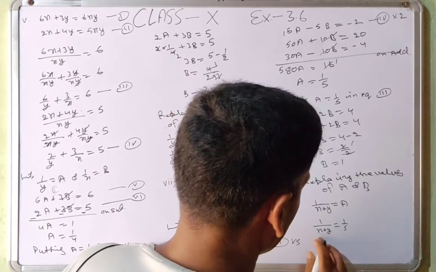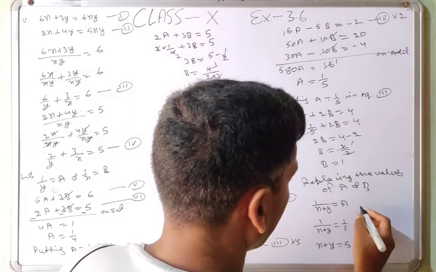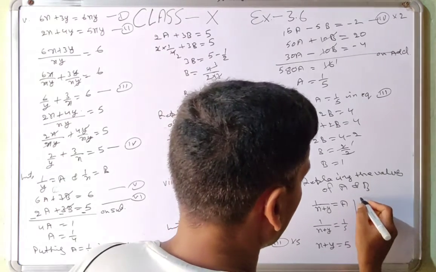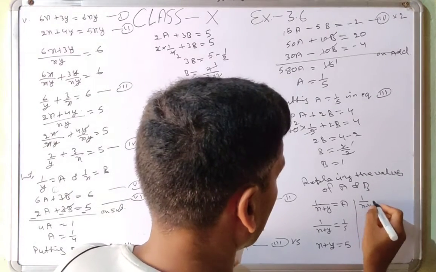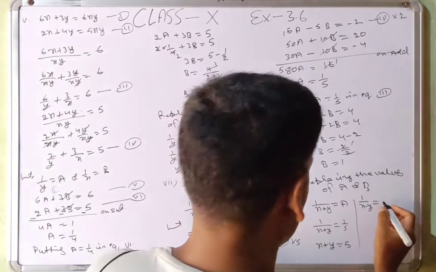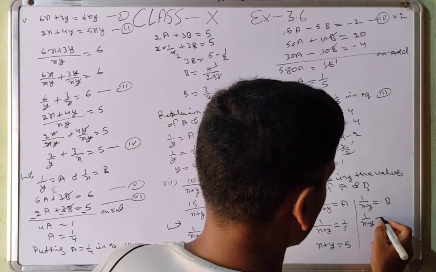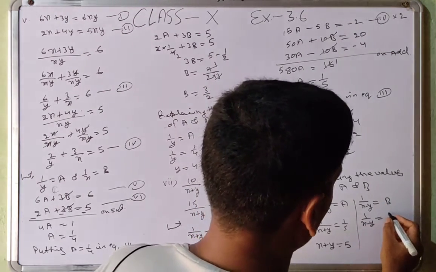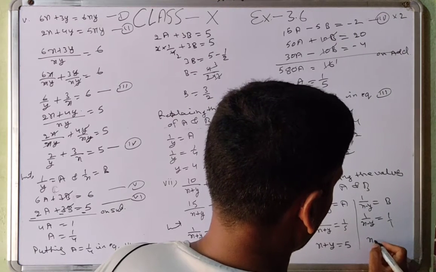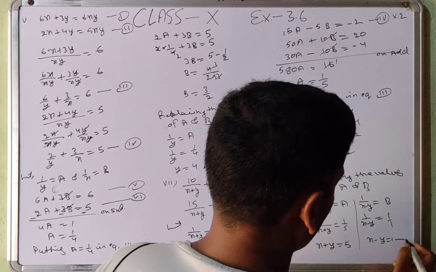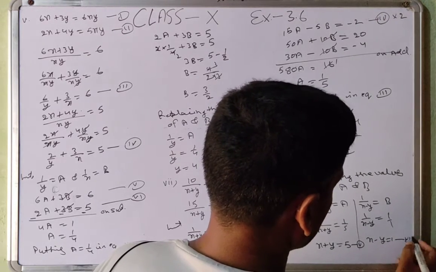So by cross multiply x plus y is equal to 5. And b value, 1 upon x minus y is equal to 1, that is also like this, by cross multiply x minus y is equal to 1. This is the equation number 5th and this is the 6th.